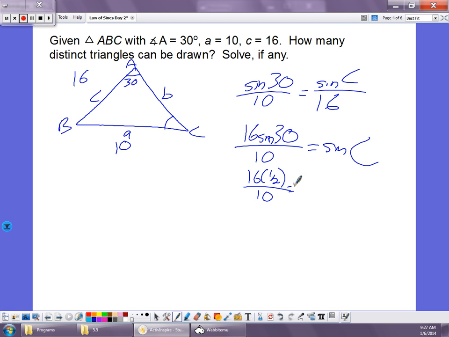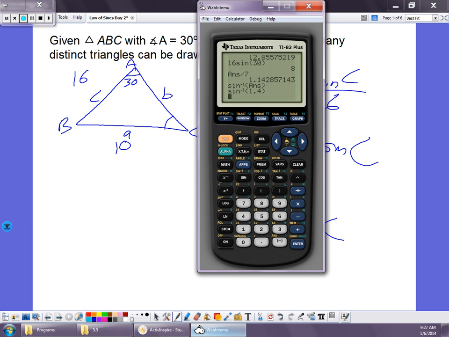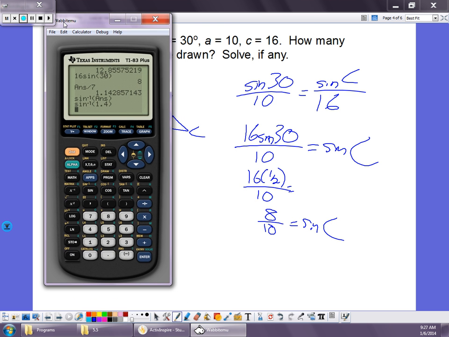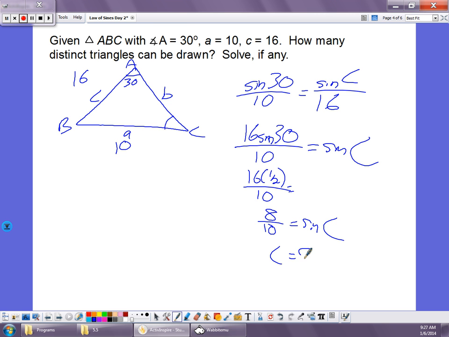So that's really 8 over 10 equals sine C. So then you do the inverse sine of 8/10, 4/5, and you get 53.1, we'll call it. All right? So angle C is 53.1.